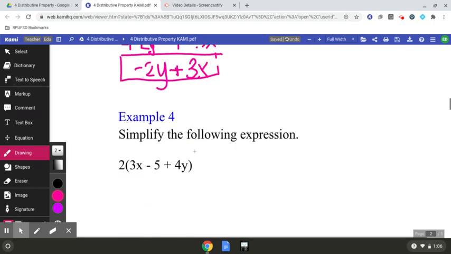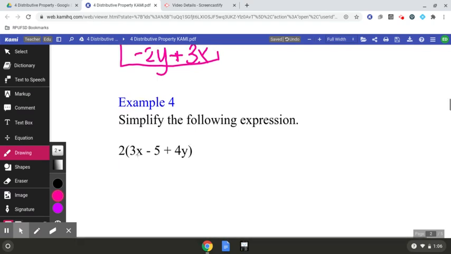Okay, so number 4, again, very similar, but now you have 1, 2, 3 terms in those parentheses. So now you're going to actually distribute or multiply 3 times. So you're taking that 2 that's on the outside and you're multiplying 3 different times. So the first one is 2 times 3x. The second one is 2 times a -5, because the negative carries with it. So 2 times a -5.